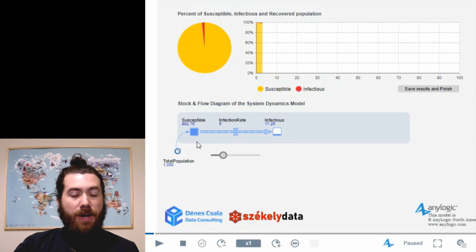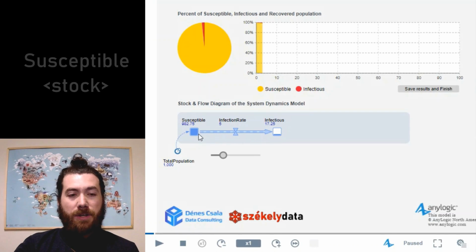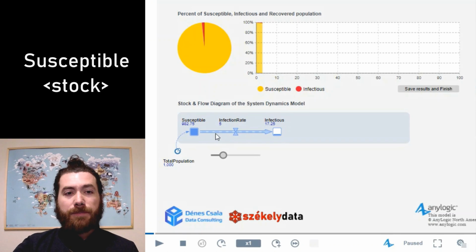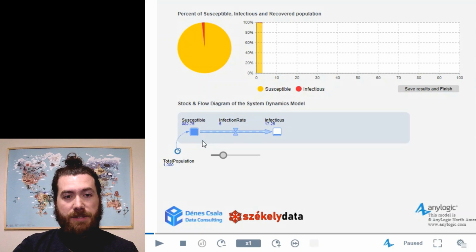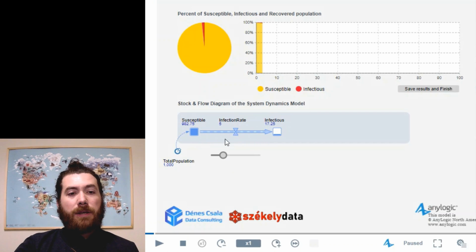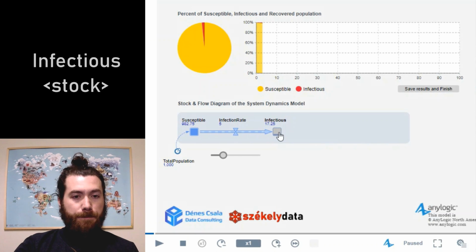Let's say in the beginning, you have a stock of people, and let's call this stock the susceptible people, who are susceptible to catching the disease. Then a number of people from this stock per unit of time will get infected, and they will end up in the infectious stock.